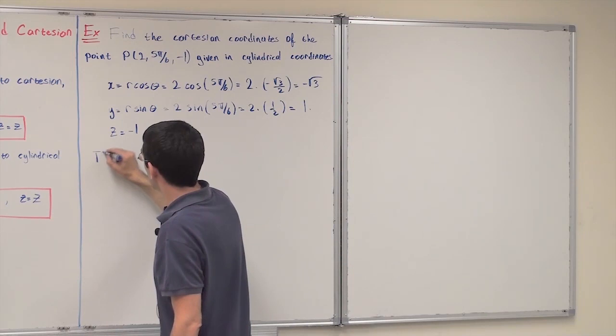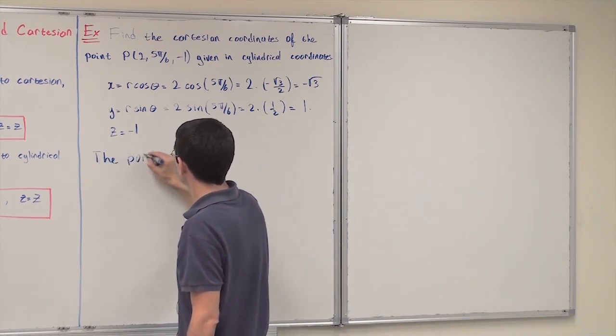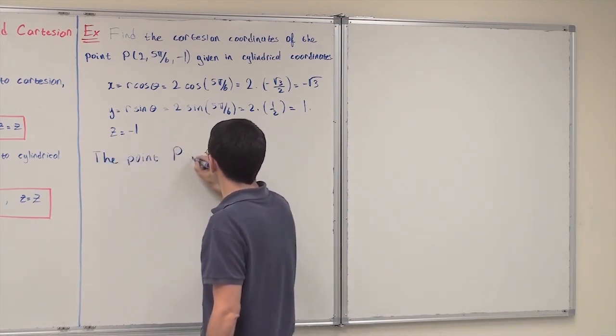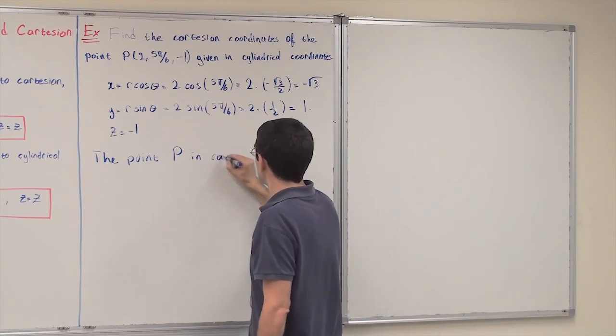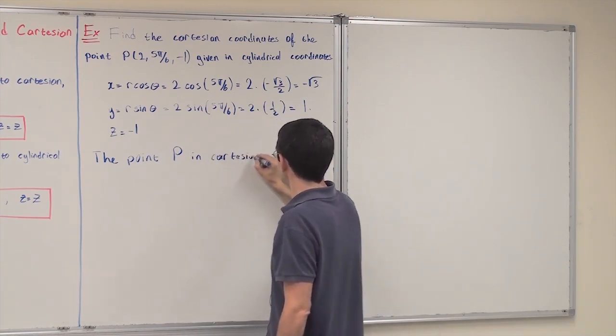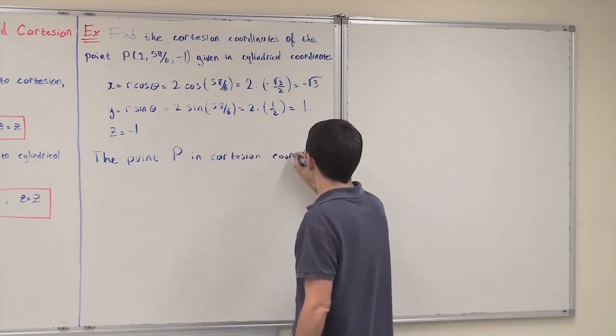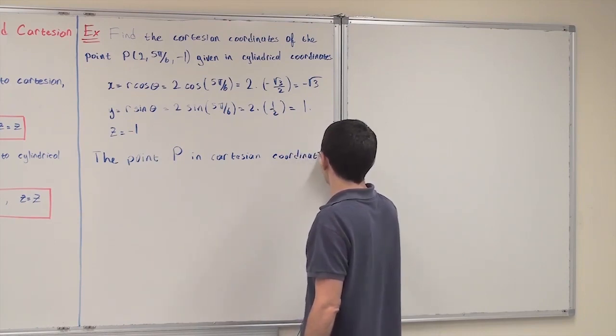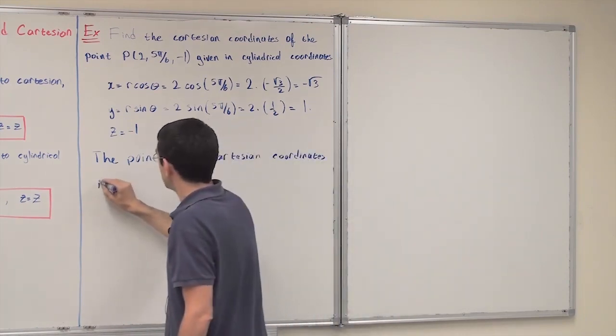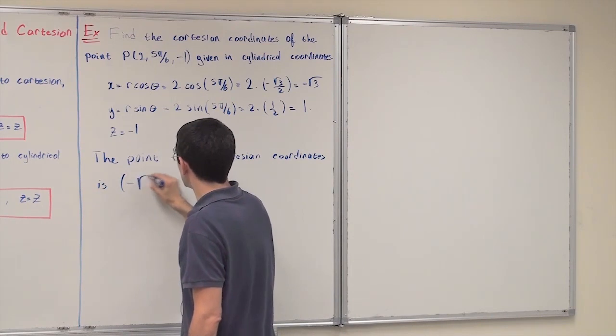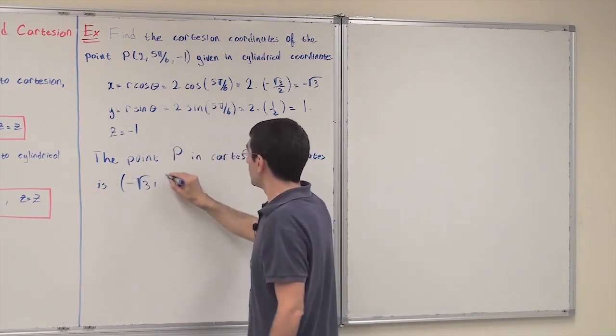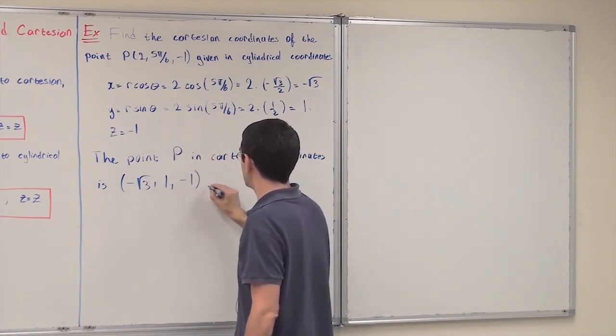So the point P in Cartesian coordinates is (-√3, 1, -1).